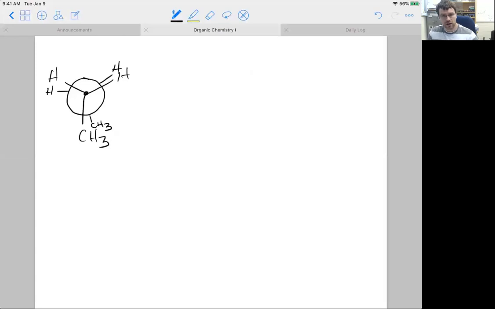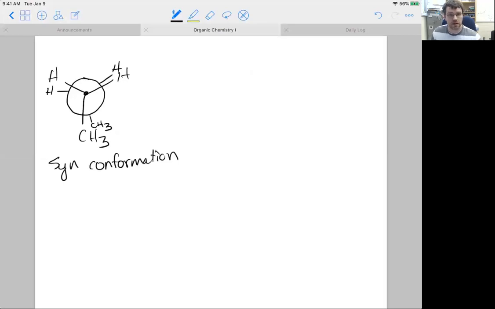And this structure was called, I want to make sure I maintain the right names, the syn conformation. The syn conformation, S-Y-N, not S-I-N.